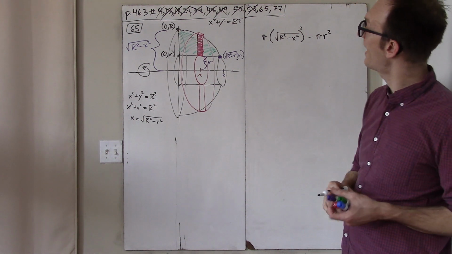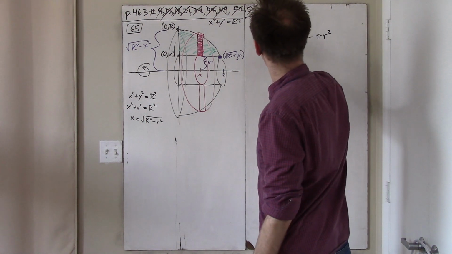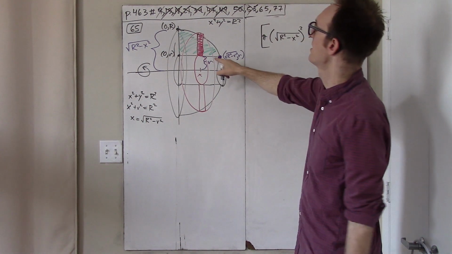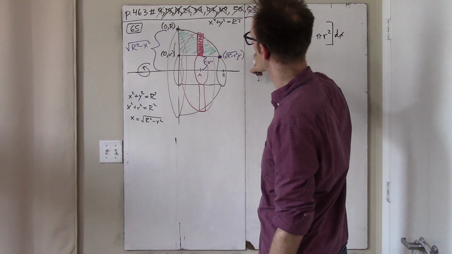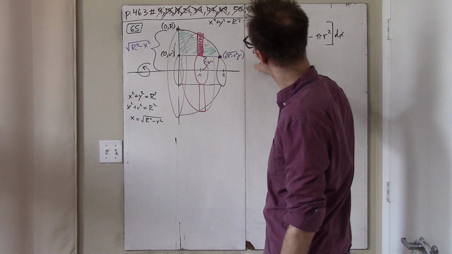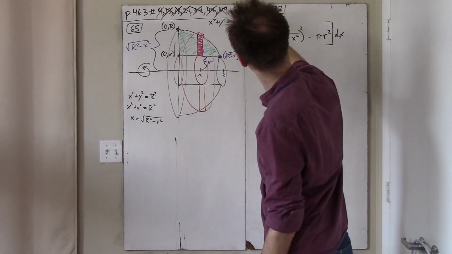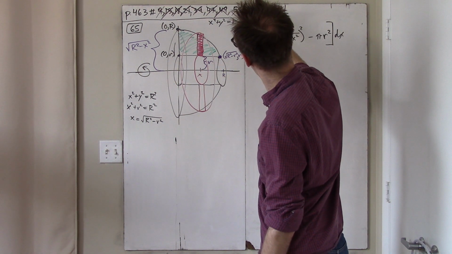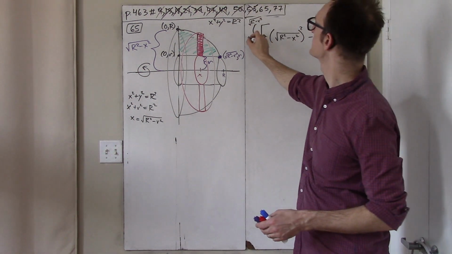That gives the area of the washer, circle minus circle. Then I multiply by the thickness, which is dx, and then I integrate from 0 along the x-axis to that point, root big R squared minus little r squared. And that only gives me half a bead, so I multiply by 2.